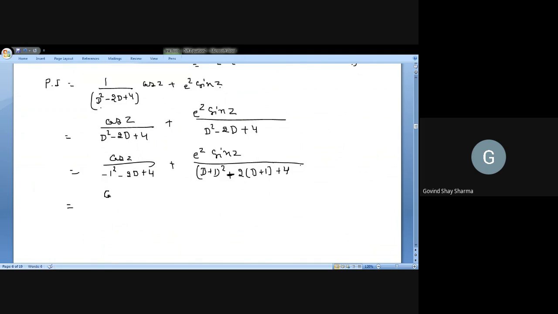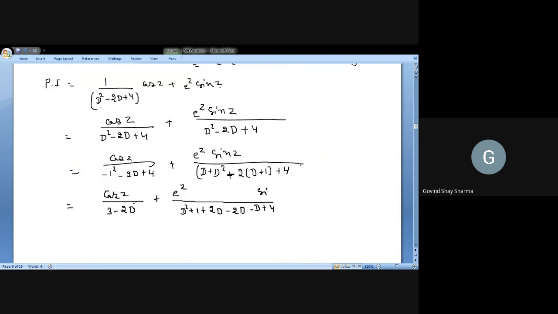cos z upon 3 minus 2D, plus e to power z sin z upon D square plus 1 plus 2D minus 2D minus 2 plus 4.